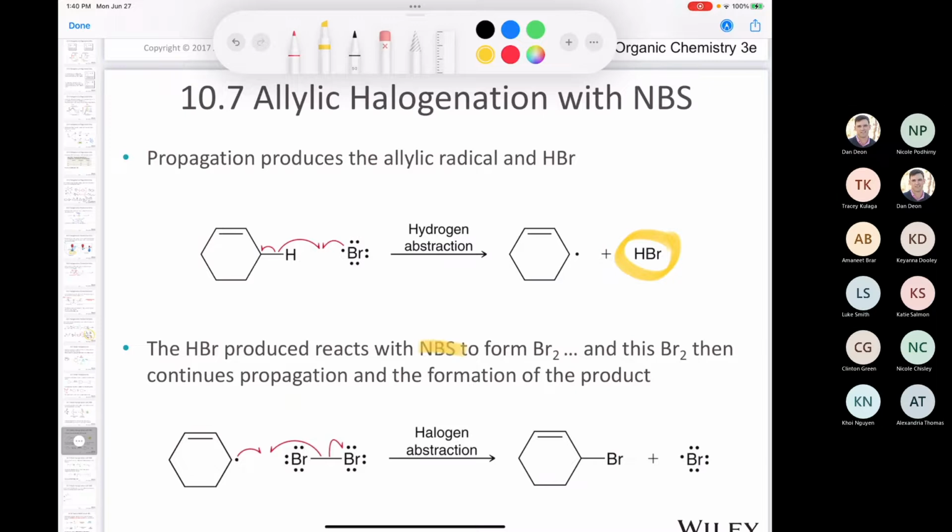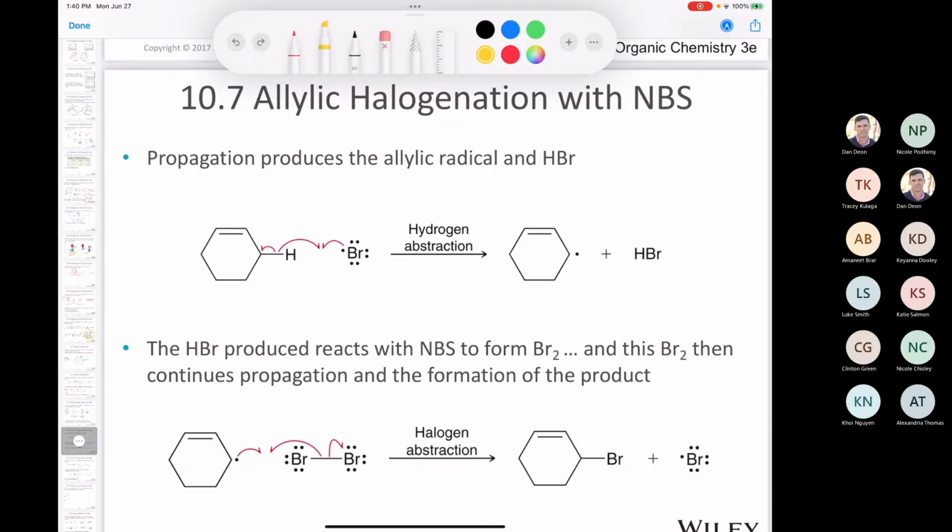So they do a reaction together and you make bromine, Br2. You only have a little bit of bromine around, but that bromine is not in the presence of an alkene. It's in the presence of an allylic radical. And so the halogen abstraction occurs and you end up doing the allylic bromination. So that's why we use NBS and we don't use bromine.